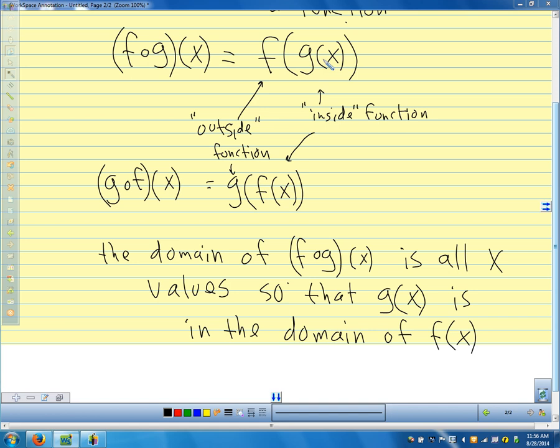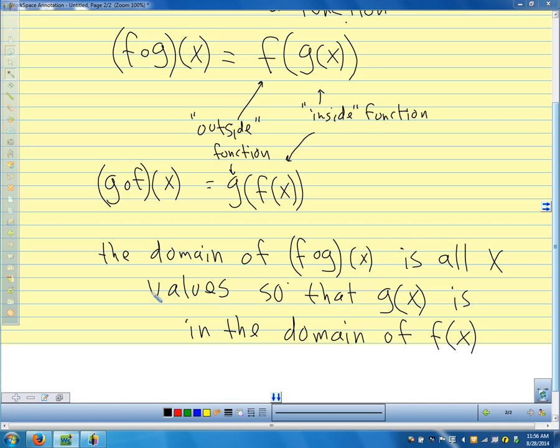So when we're looking at the domain of a composition, we have to look at the domain of the inside function and the domain of the outside function. We have to look at two pieces. We'll do some examples in just a minute where we have to be careful with that.